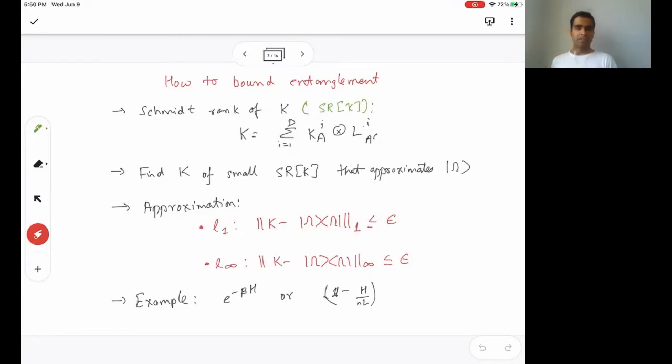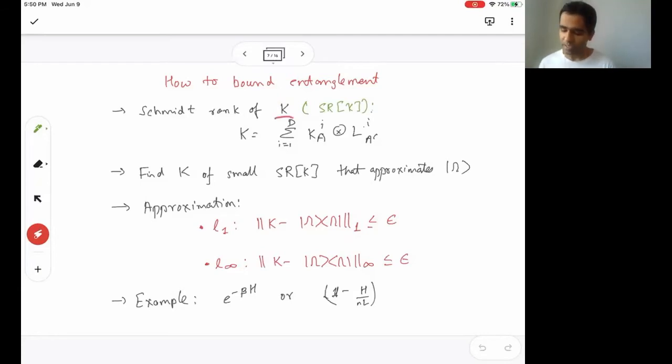Okay, cool. So let me tell you about how one goes about bounding entanglement. One way, which was started off in Hastings' work, was to find an operator, let's call it K, that approximates the ground state in a certain way.